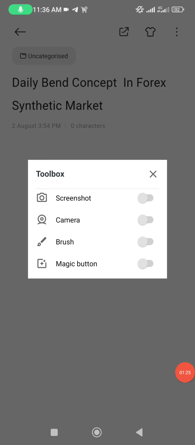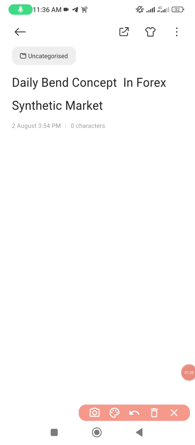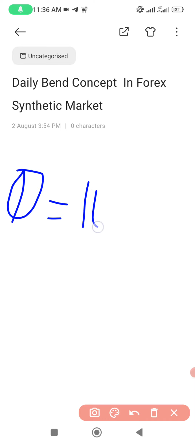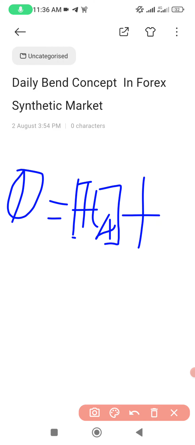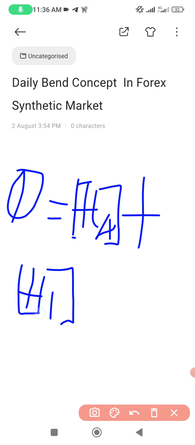So the daily time frame D is equal to the 4-hour time frame plus the 1-hour time frame. So these are groups, meaning that they are breakable into lower time frames.